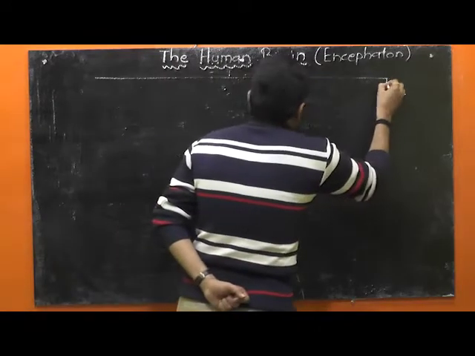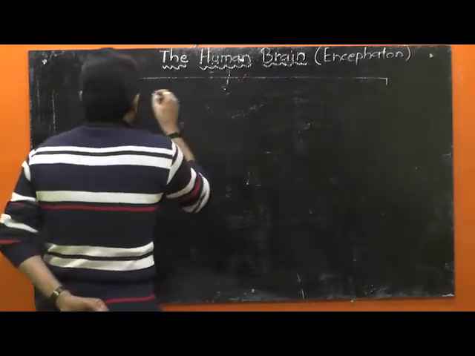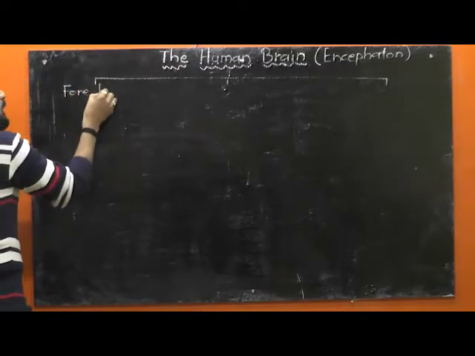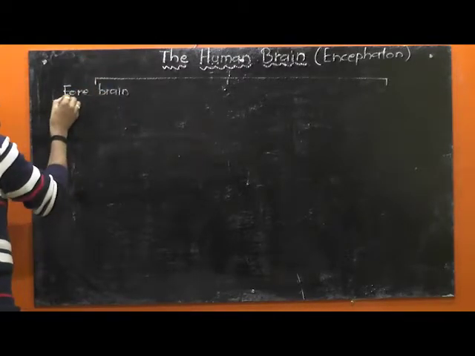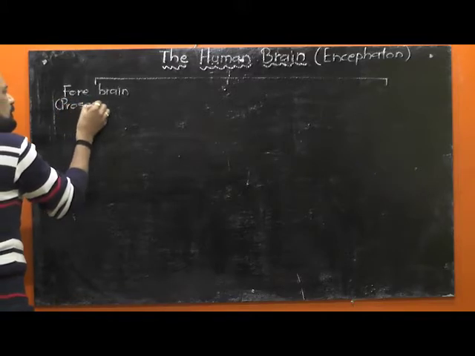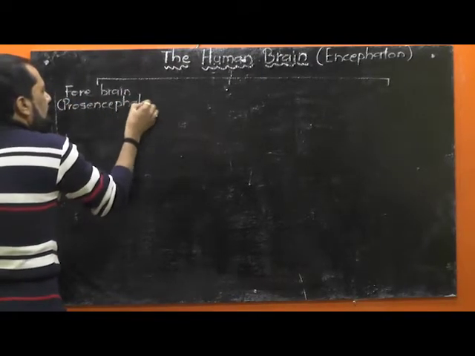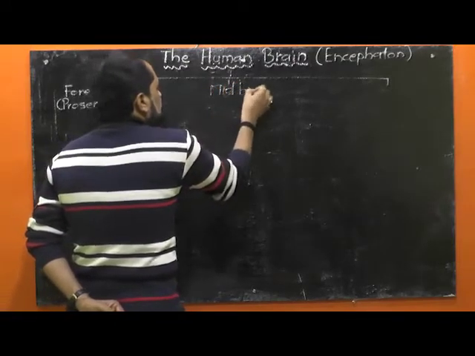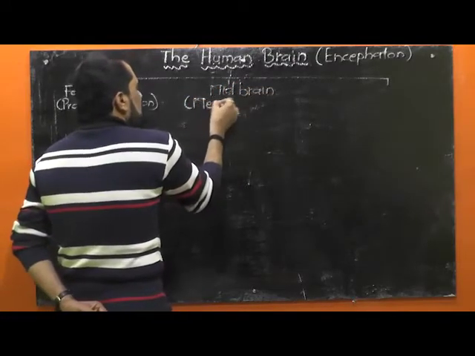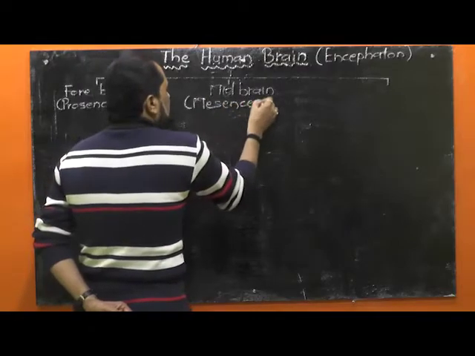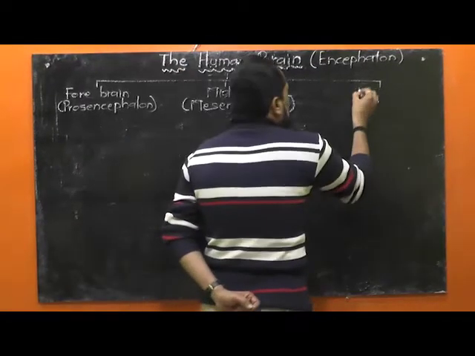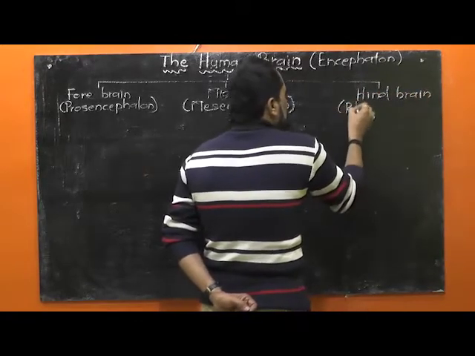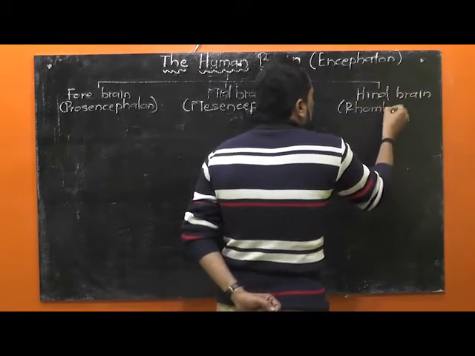Human brain is broadly divided into three major parts such as forebrain, also called prosencephalon, midbrain, that is mesencephalon, and hindbrain, that is rhombencephalon.